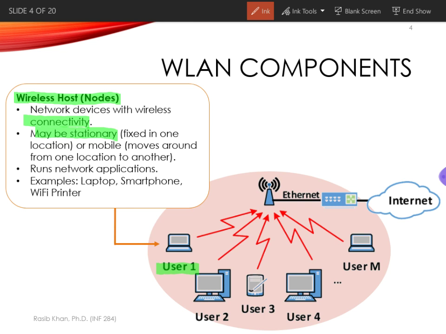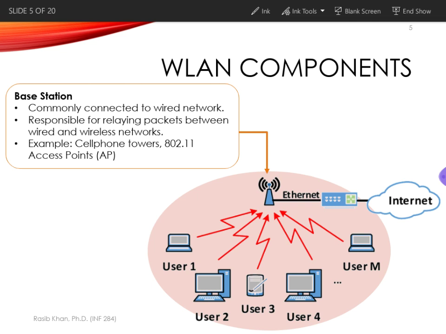That means you may have a desktop which is connected to the network with a Wi-Fi dongle, or it could be a laptop where you may actually see yourself moving around, or a smartphone which allows you to move around within the range of the access point. Examples of such wireless nodes include laptops, smartphones, and wireless printers, which are examples of a stationary device.